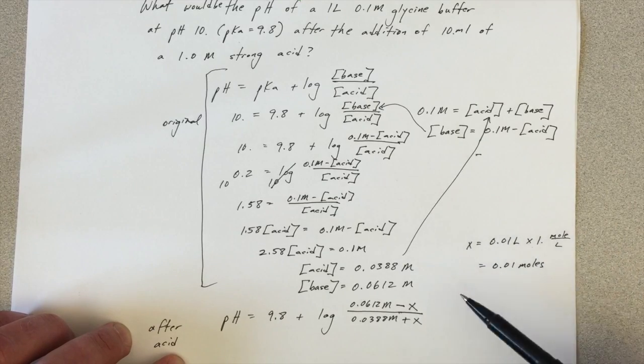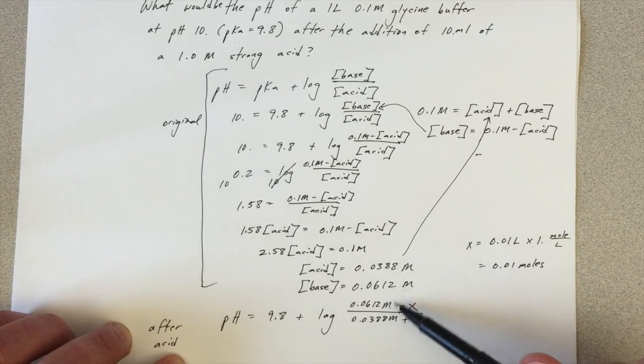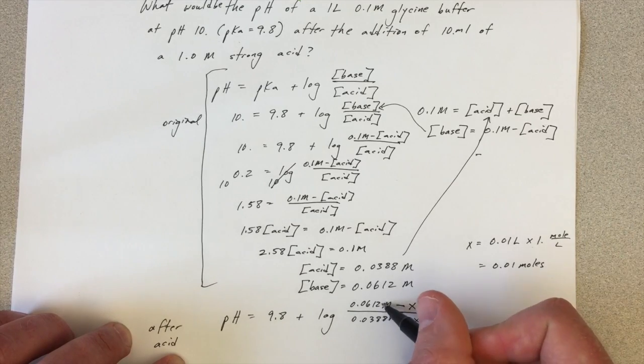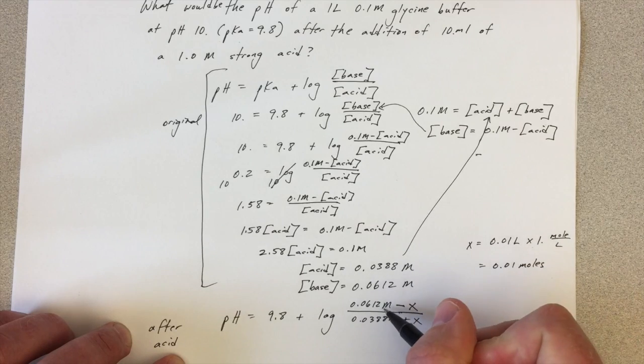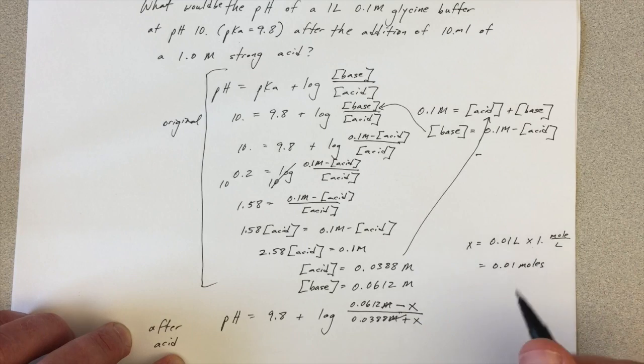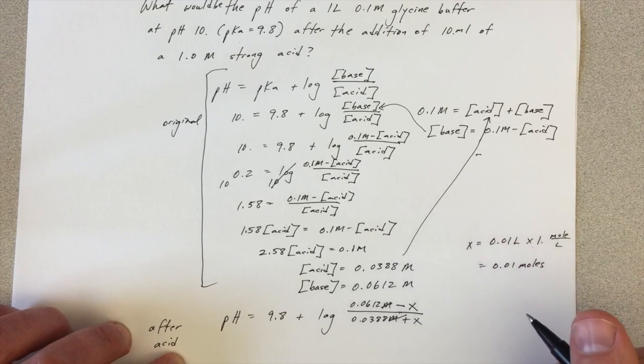Okay. Now, I have a problem here because my concentrations here are in moles per liter. I can figure out the number of moles of acid, and I could really figure out the total volume at the end, but you don't really have to worry about it. Since this is a ratio, I can really just get rid of these molar and just treat them as a number of moles.